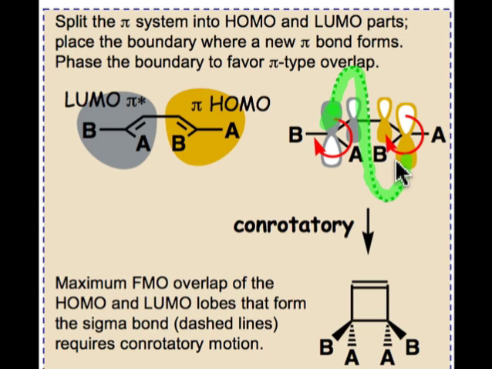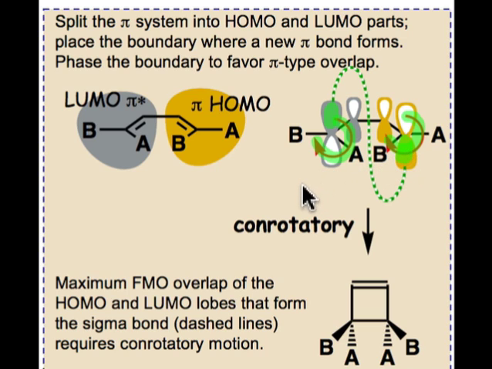In order to bring those into a side-by-side arrangement, which at some point is going to be basically parallel lobes like that, I'll need to twist the terminal position on the left in the clockwise direction, and I'll need to twist the lobe on the right also in the clockwise direction. In doing so, I begin to bring together the shaded lobe on the left with the shaded lobe on the right.